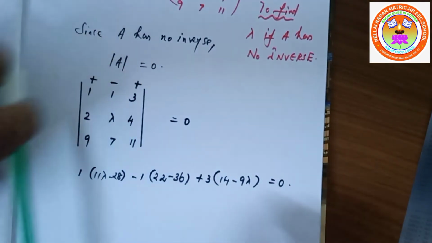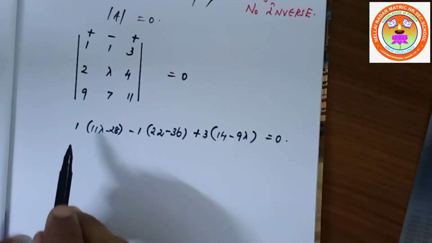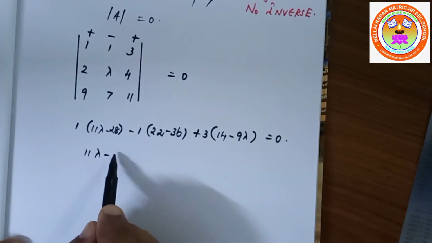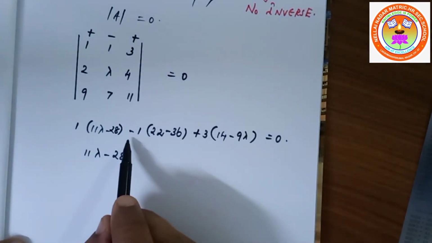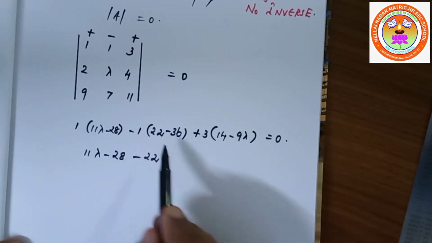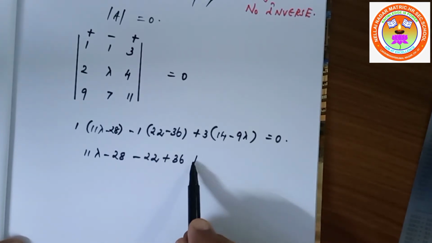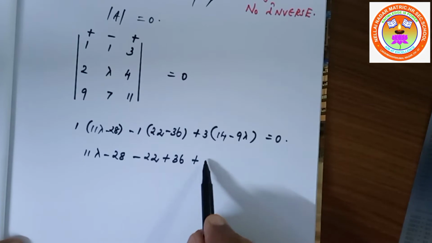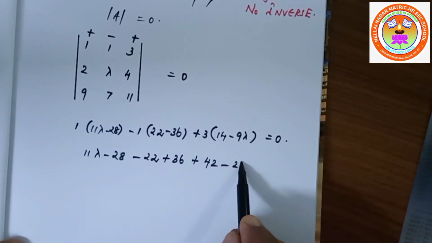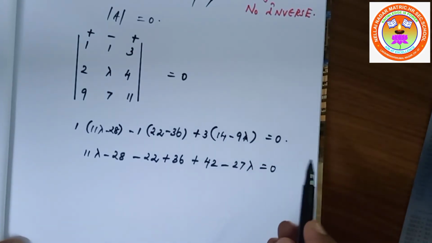Then the usual multiplication for finding the value of lambda: 1 into anything is the same thing, so write 11 lambda minus 28, as it is, minus 1 into 22, that is minus 22, minus into minus plus 1 into 36 is 36, and plus 3 into 14 is 42, plus into minus, minus 3 into 9 lambda is 27 lambda, that is equal to 0.